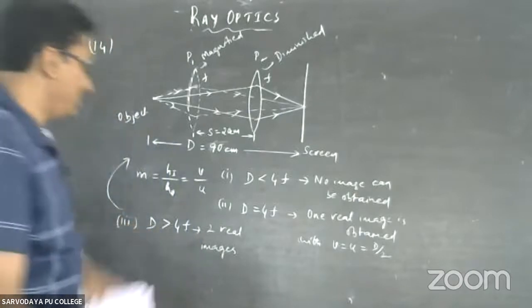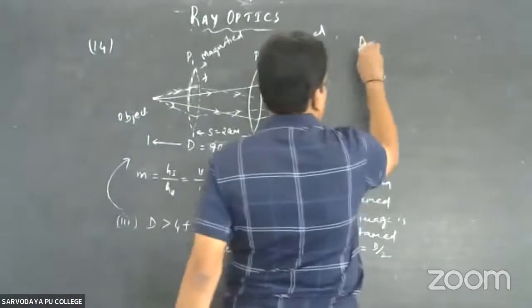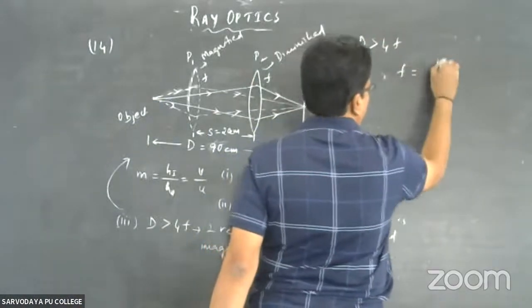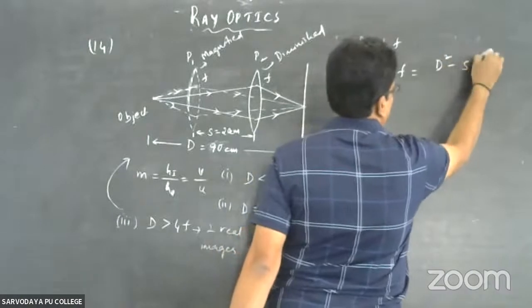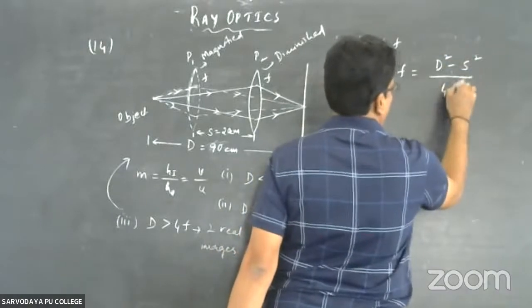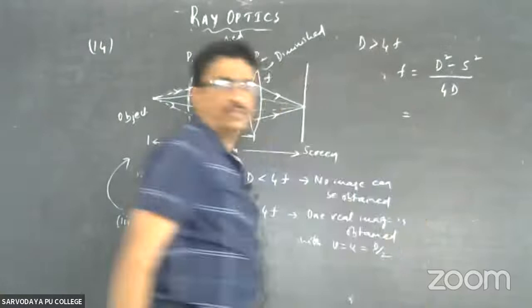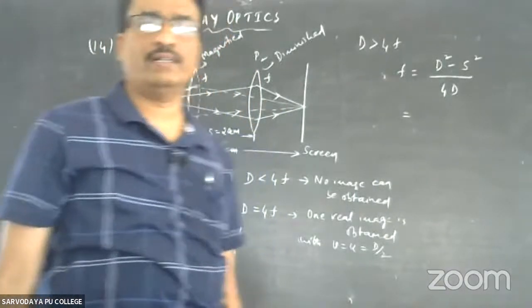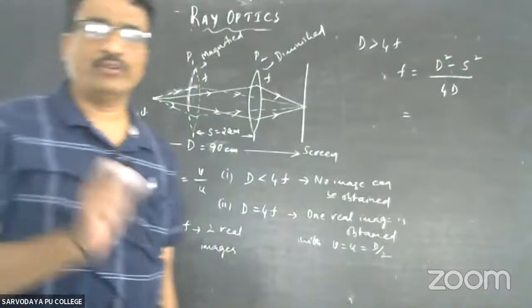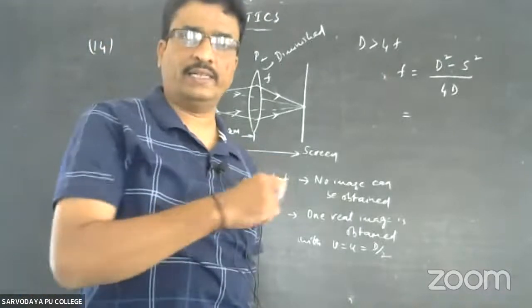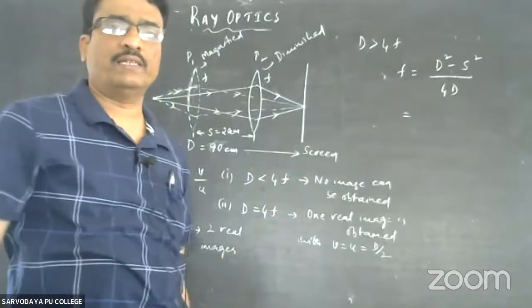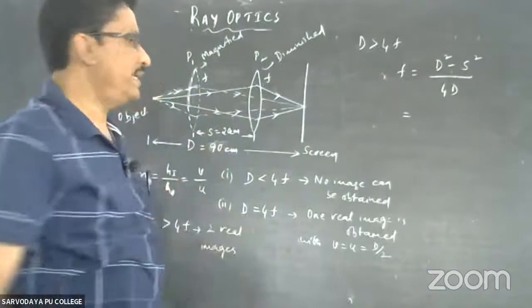Whenever D is greater than 4f, the formula for f is D square minus S square divided by 4D. Remember the formula: D square minus S square divided by 4D. In fact, you calculated the focal length by this method in the previous series. We call this method of finding the focal length the shift method.